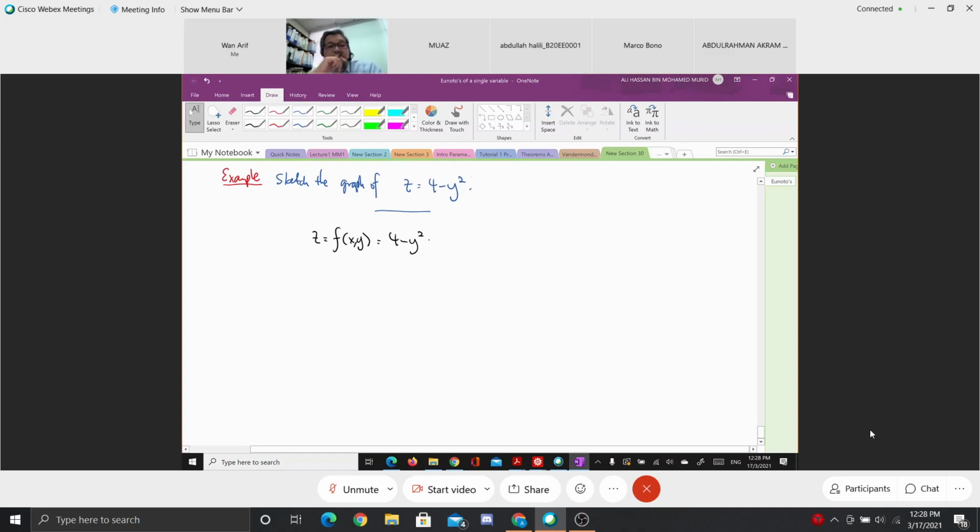So on the zy plane, the equation is parabolic, right? This is a parabolic equation. So let's look at the traces. What is the xy trace?